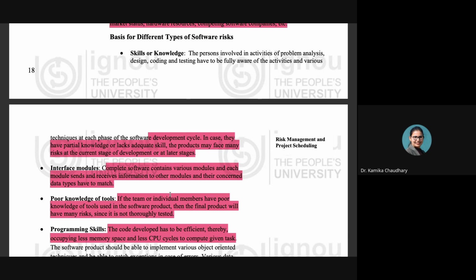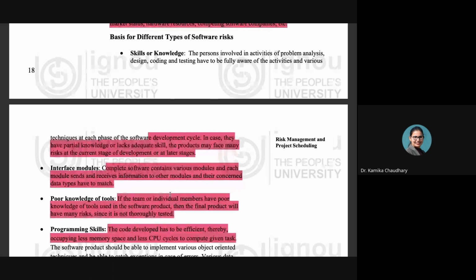Now, the second kind of basis for software risk is interface modules. The complete software contains various modules, and each module sends and receives information to another module, and the concerned data types have to match.